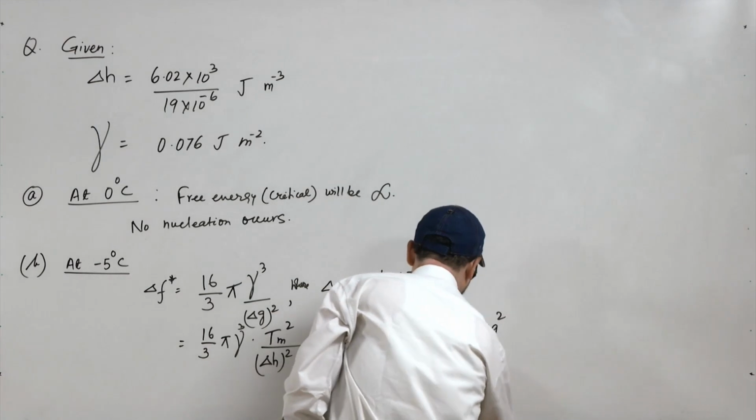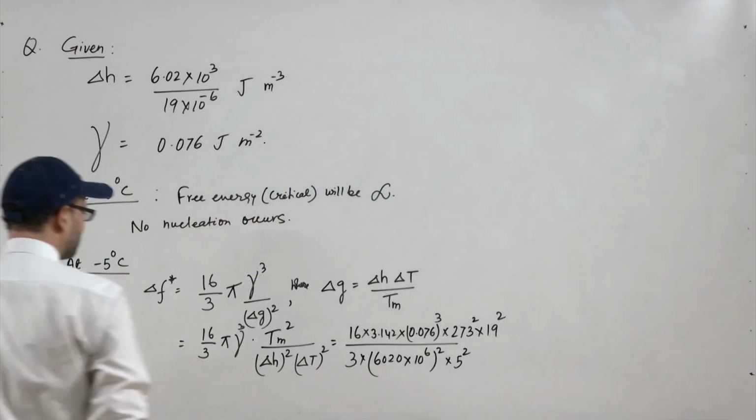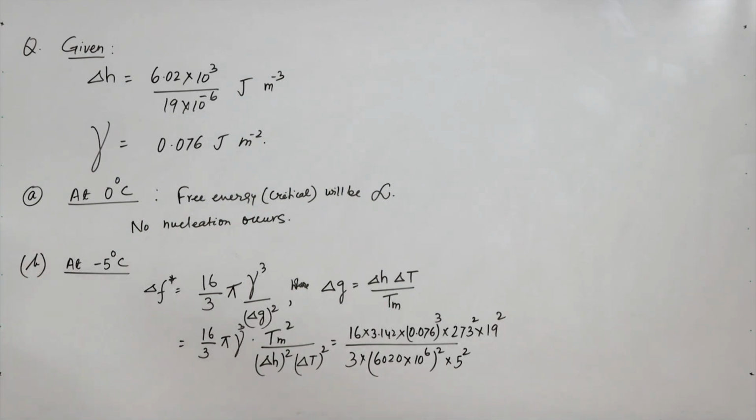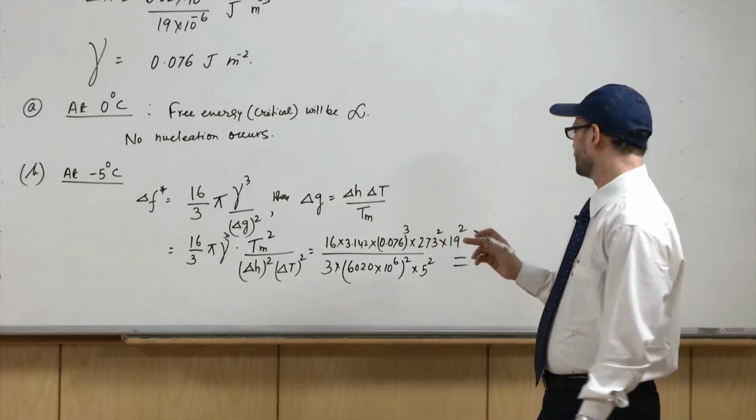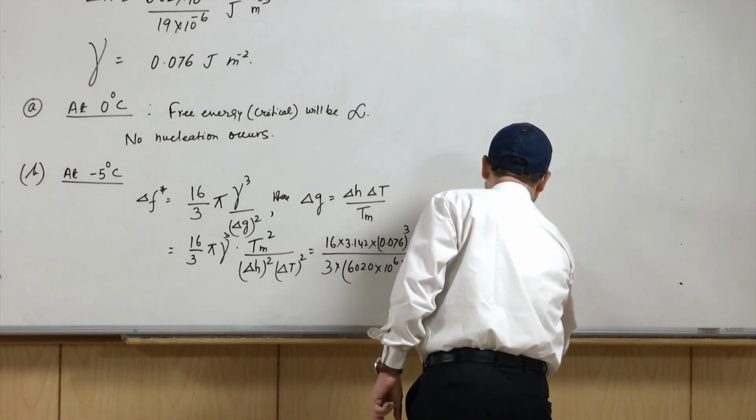So, it will be 5 square. So, this has to be computed, and this value is coming out to be 2.2 into 10 to the power minus 16 J.